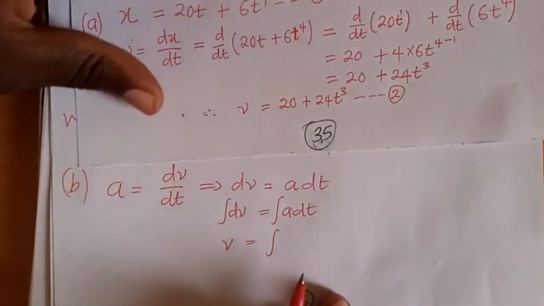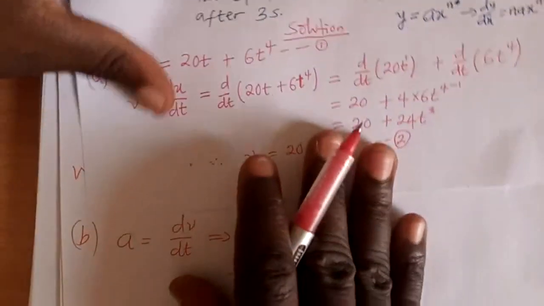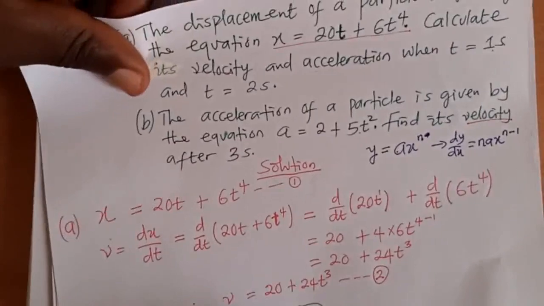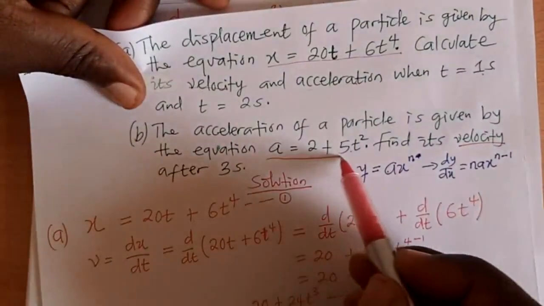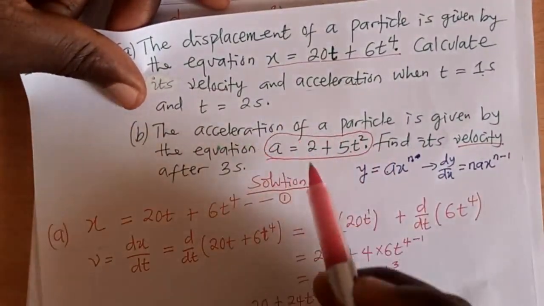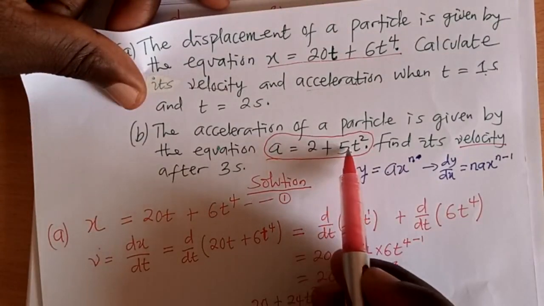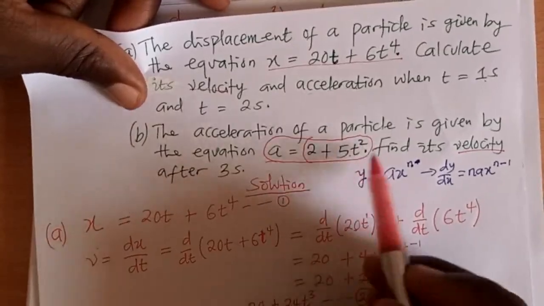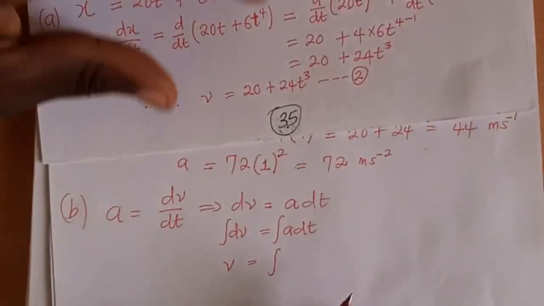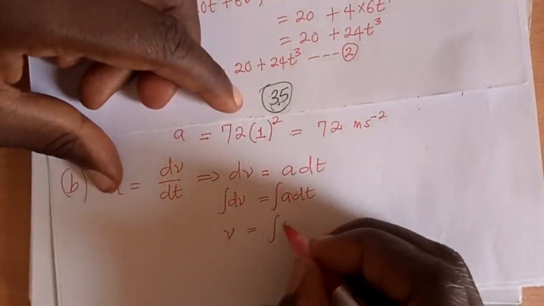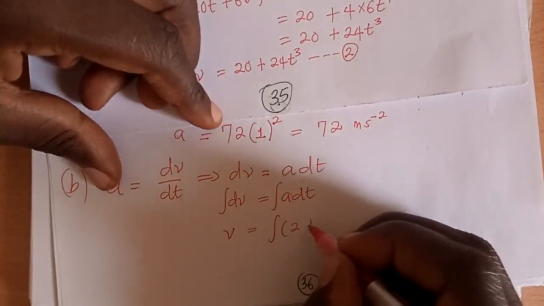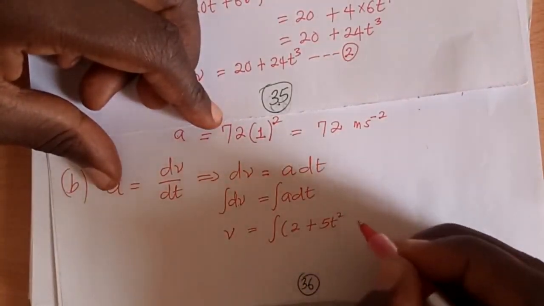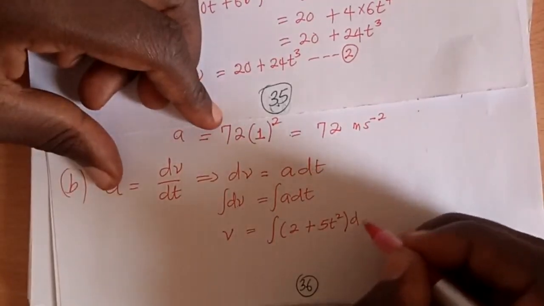I am given the expression for a in the problem. What is the expression for a? Look at it here. They say a is equal to 2 plus 5t squared. So I will open bracket and put 2 plus 5t squared, close bracket. Then I have my dt.